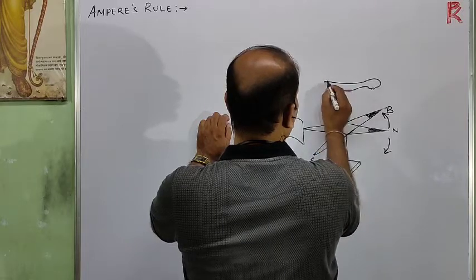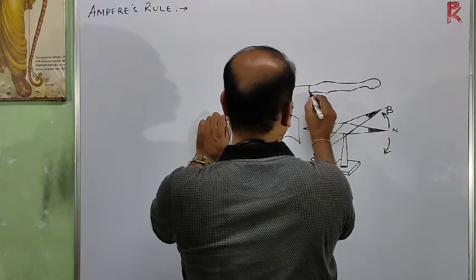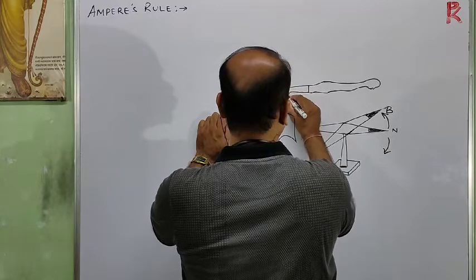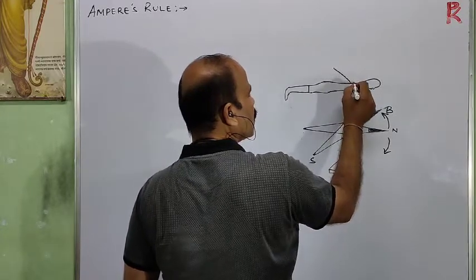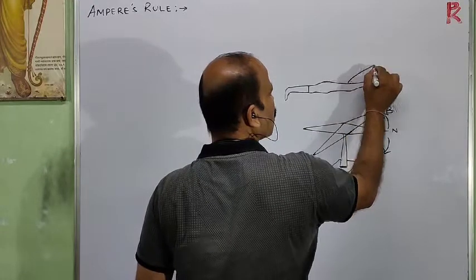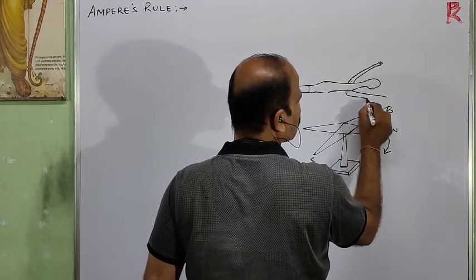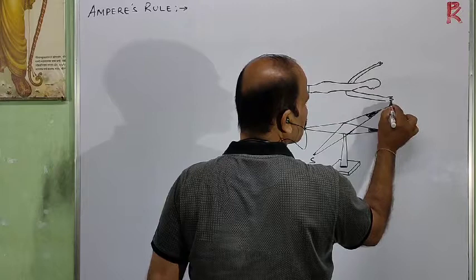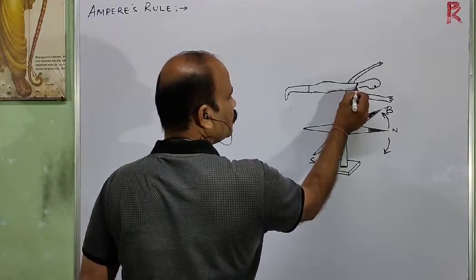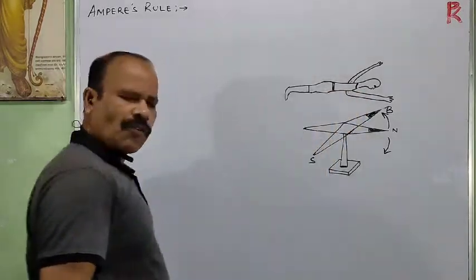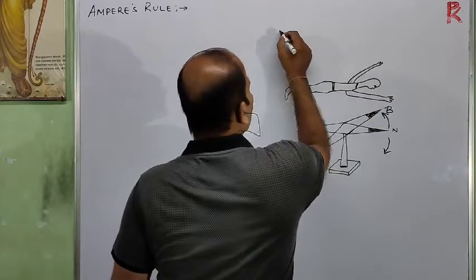Suppose this is a man and these are his two hands. Suppose this man is swimming. Imagine this man is swimming. Okay, so this is the situation. That means a man is swimming in such a way that you see our same circuit.